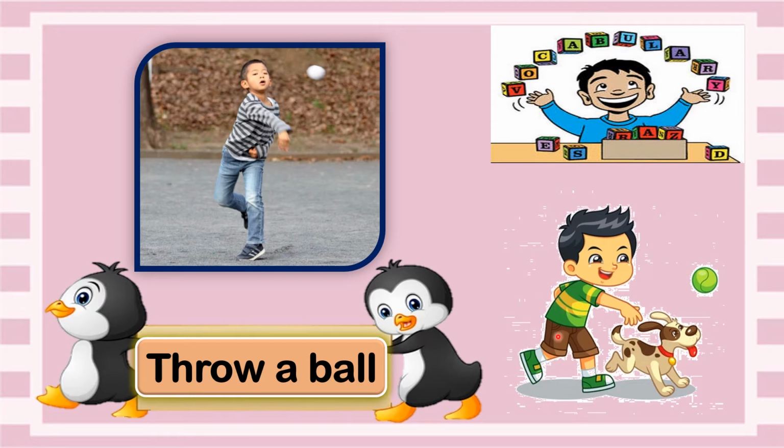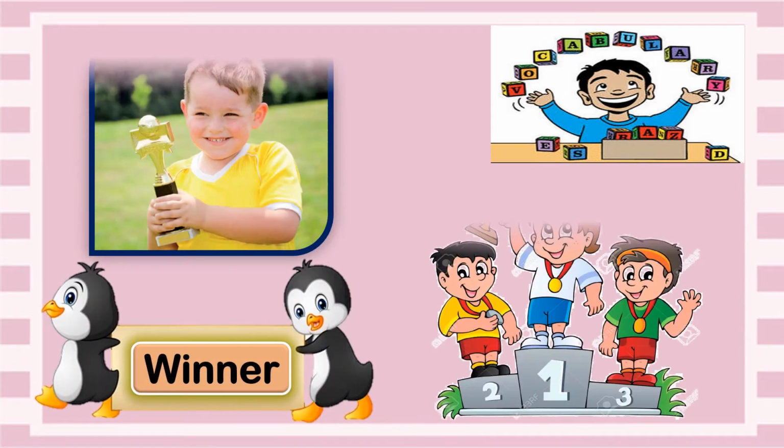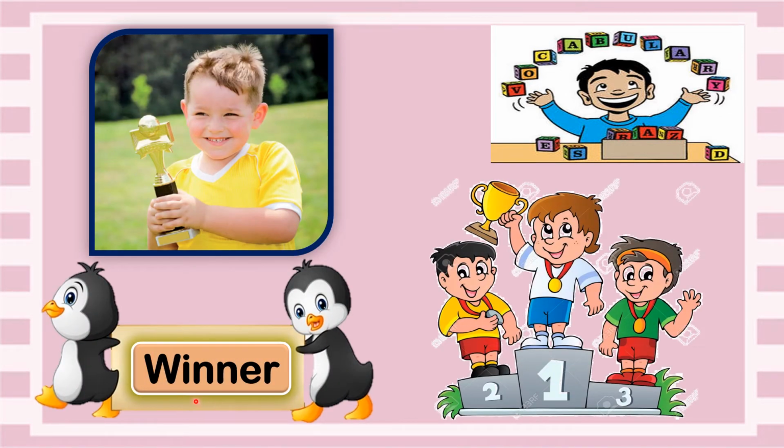That is an example of throwing a ball. The next word we have is winner. For example, you can win the game and then they will give you a trophy. Or you can be the first, so that you will become the winner.